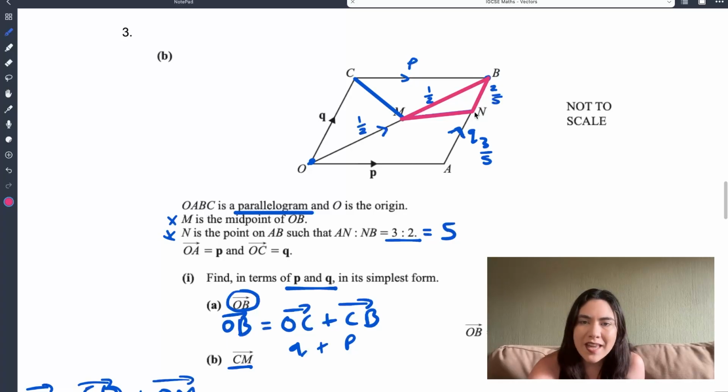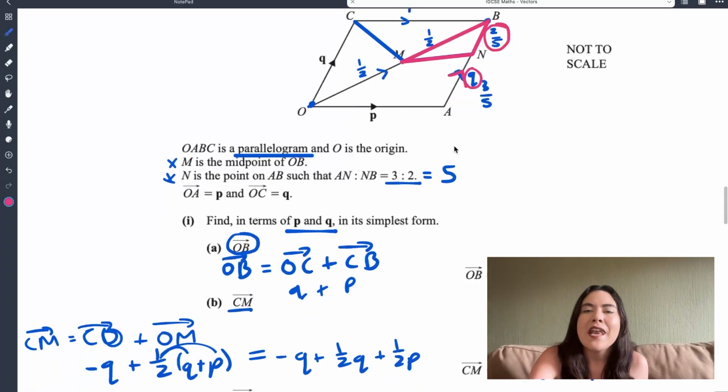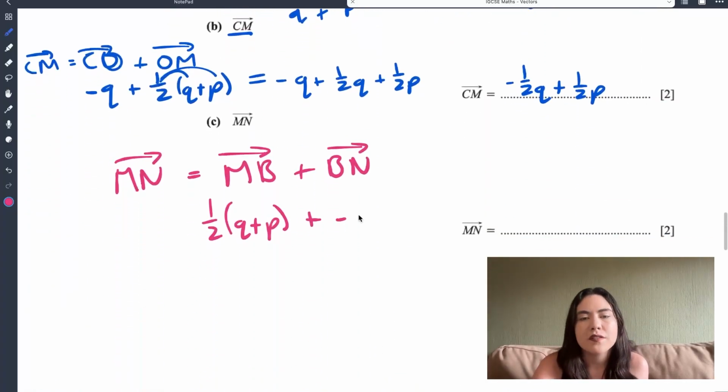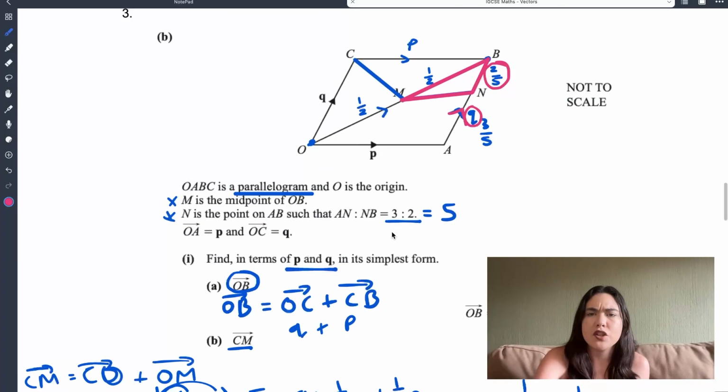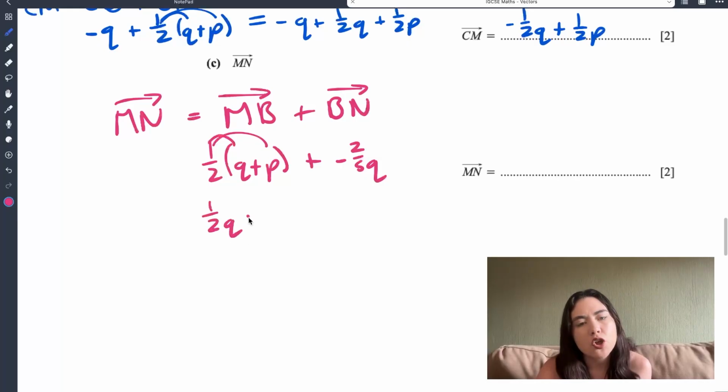So B to N we know is 2/5 of Q, which is the full line. But check the direction. The direction is up and we're going down. So it would be negative 2/5 of Q. Just want to double check that it is Q. Yes, it is. All right, so now we need to simplify. So I'm going to expand my brackets and say a half Q plus a half P minus 2/5 of Q.